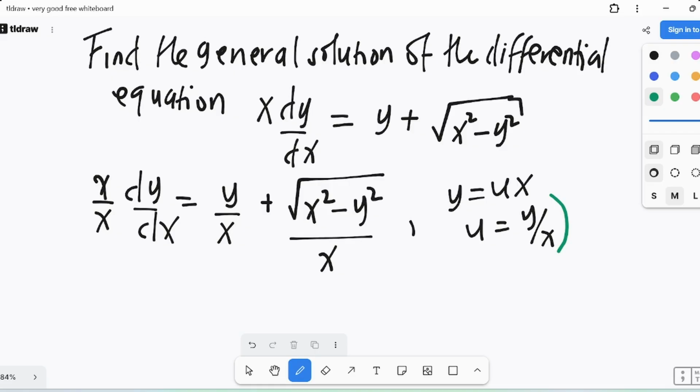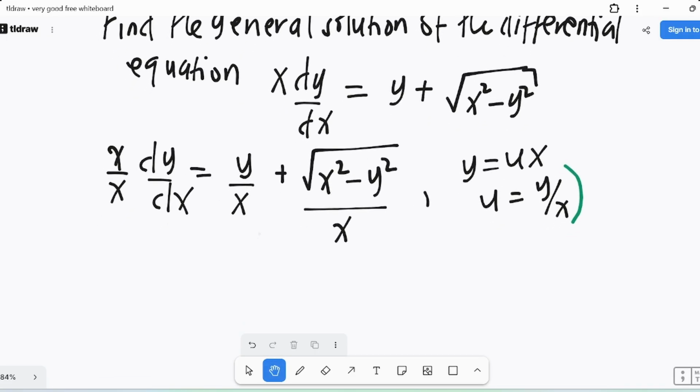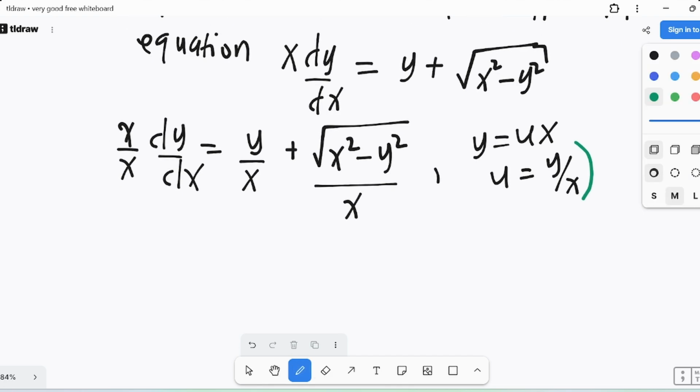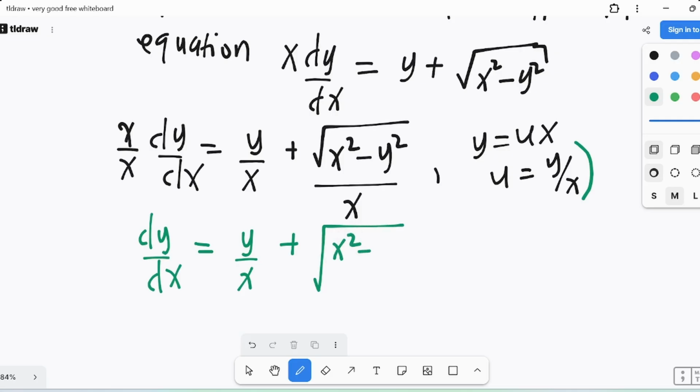So let us simplify this. On simplifying this, we can have dy by dx is equal to y out of x plus, now this is the same as x square minus y square out of x square.